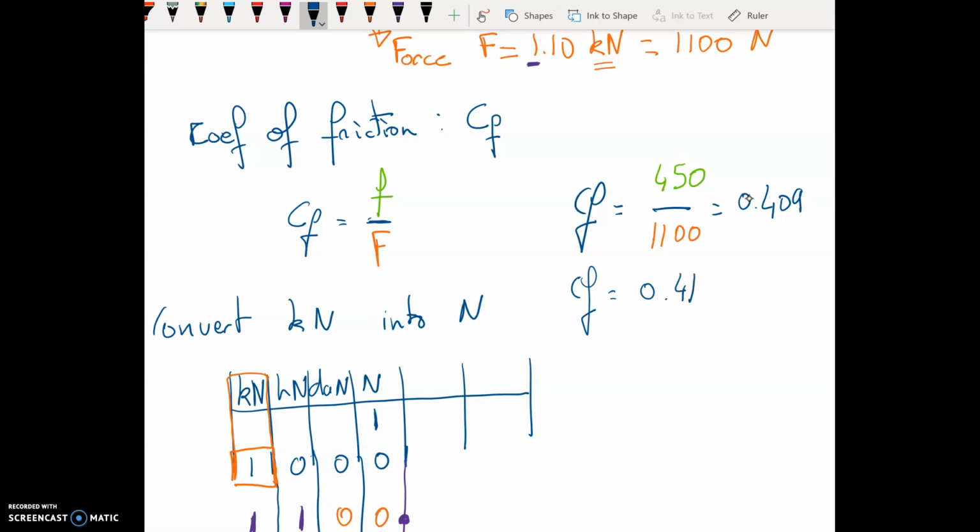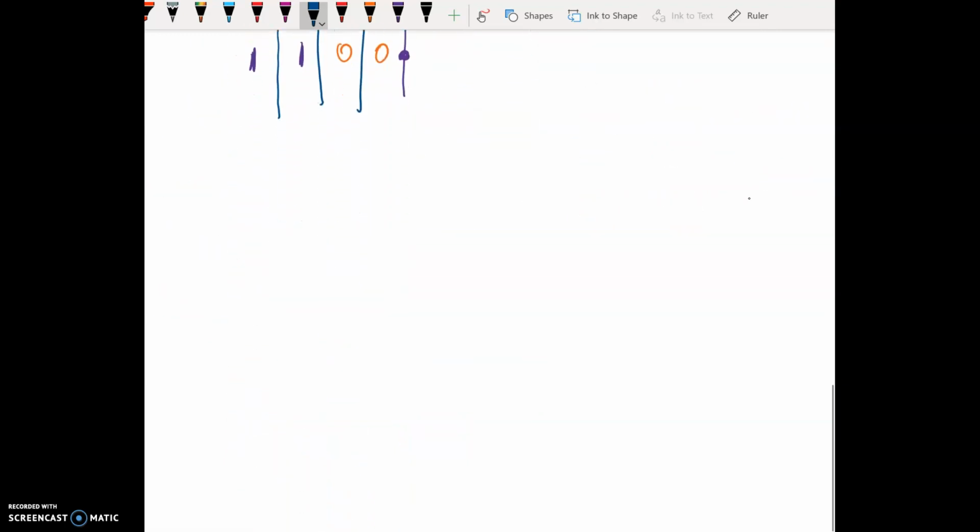All right, let's try to do one more problem. Let's try to do problem number 28. In this problem number 28, what do we have? We have two connected gears, and they are telling you that D1 over D2 equals N1 over N2, where D is the diameter of the gear and N is the number of teeth.